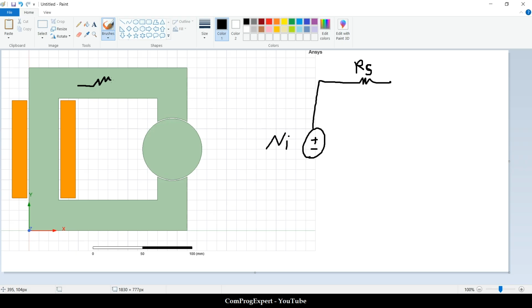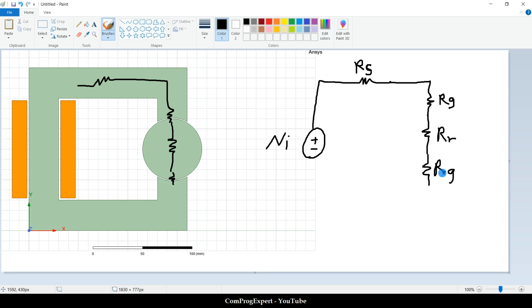We have this reluctance for the stator. We have air gap reluctance, one air gap reluctance here. We have this reluctance for the rotor, and again one air gap reluctance here. Okay, reluctance for the rotor and one air gap reluctance again here.